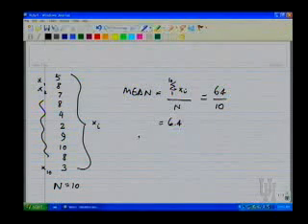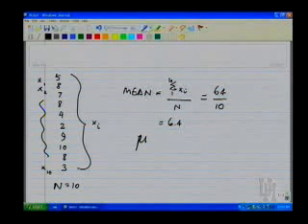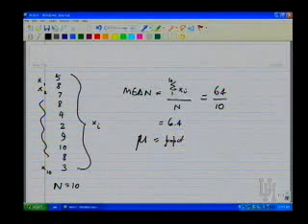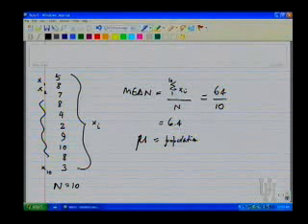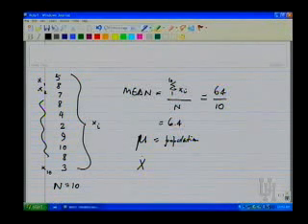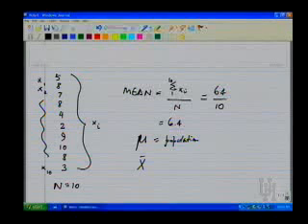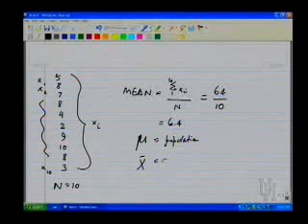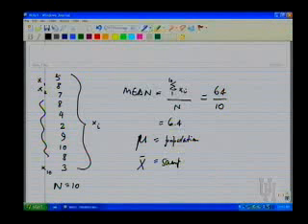If mu indicates a population mean, uppercase X with a bar over it, X bar, indicates a sample mean.